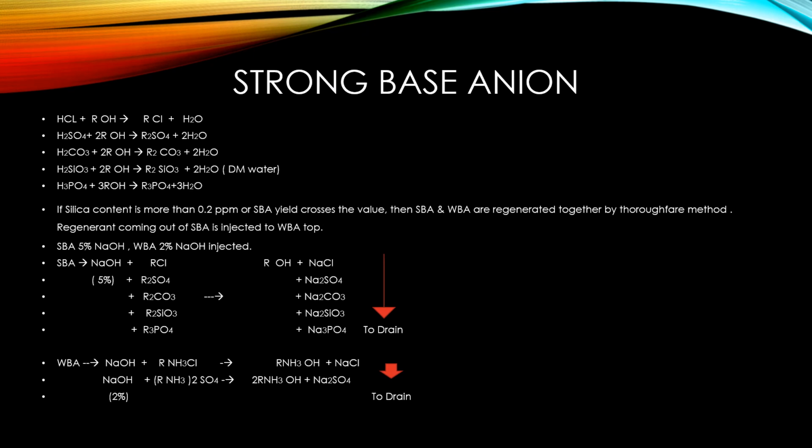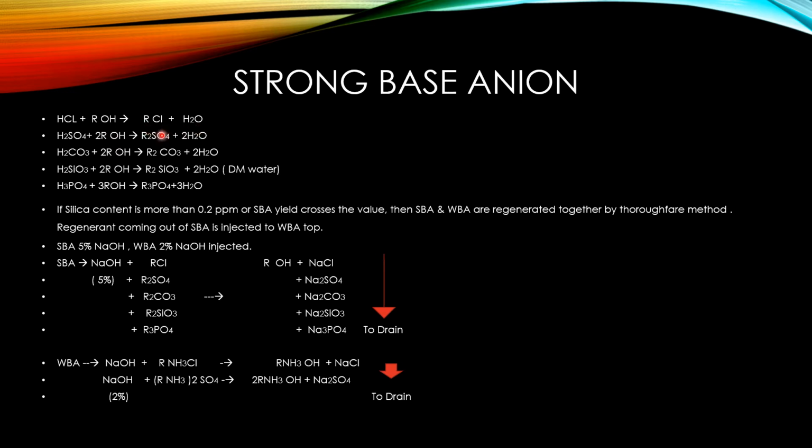We can now see the strong base anion service reaction. The resin form is ROH. The weak hydrochloric acid, weak sulfuric acid, weak carbonic acid, weak silicic acid, and weak phosphoric acid coming out of the degasser tower will react with the resin ROH to form RCl.